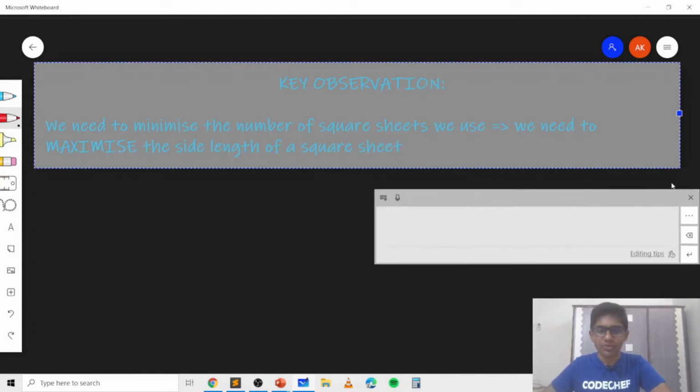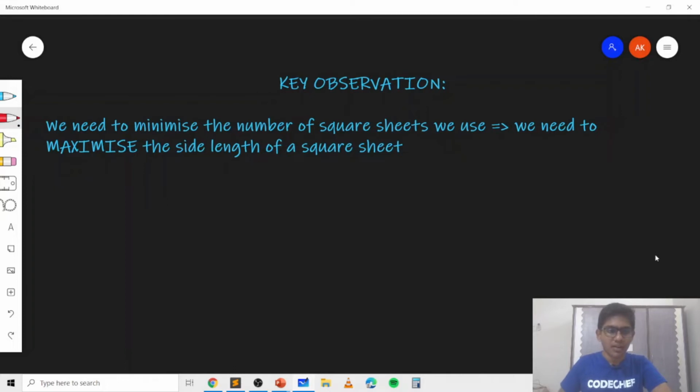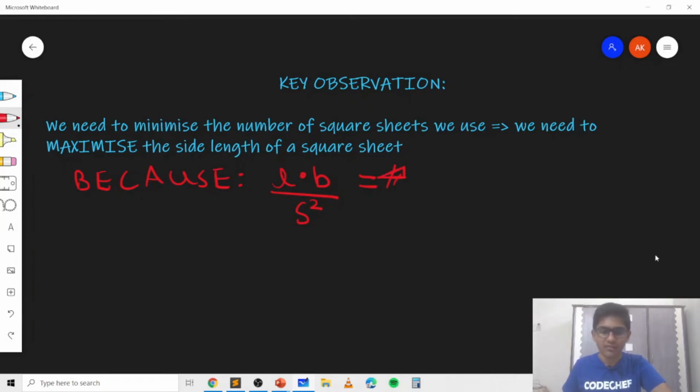The reason why we do this is because if you consider the total area of the rectangular sheet, that's equal to length into breadth, and if we choose the side length of a square sheet to be s, then the number of squares will be length into breadth divided by s squared, because we know that each square occupies an area of s squared and the total area should be l into b.